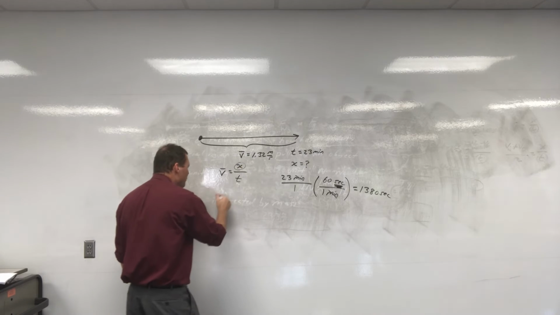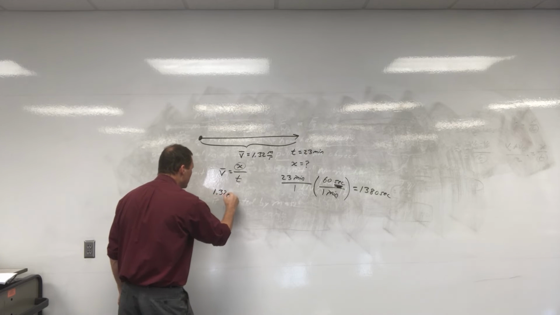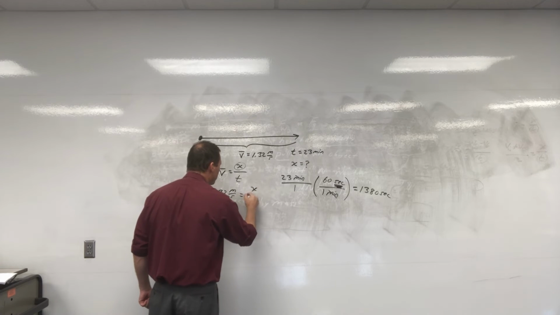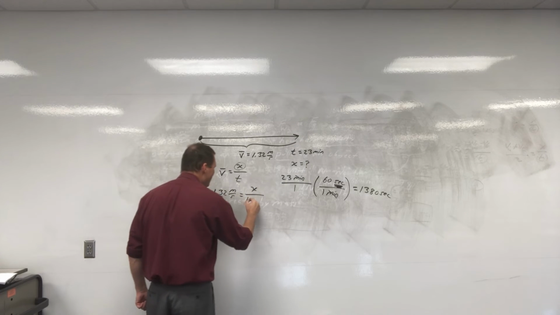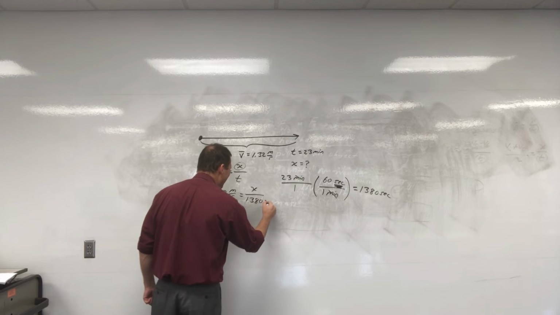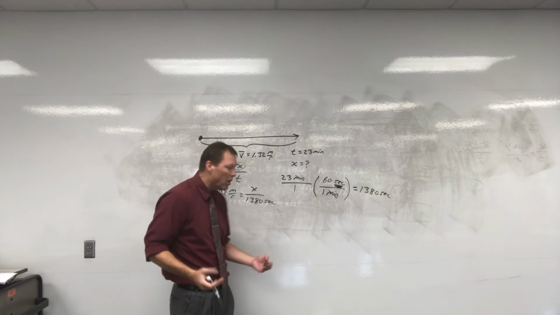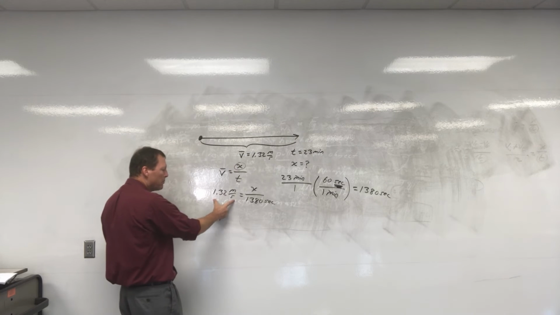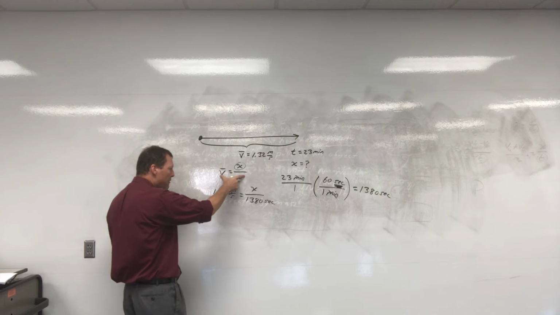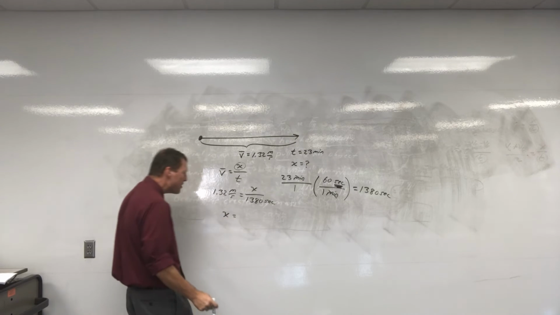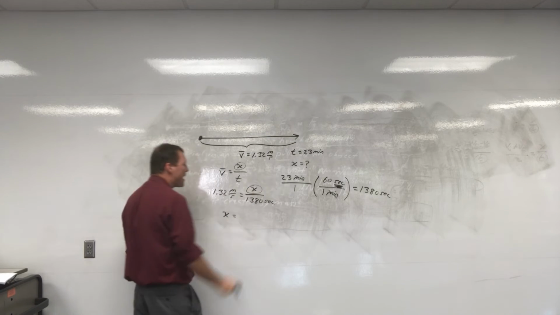Now I'm ready to substitute into my formula. The average velocity is 1.32 meters per second, I'm looking for the displacement, and my time is 1,380 seconds. That was part 4, substituting in correct numbers and units. Now I'm looking for x, so mathematically we want to get x all by itself.